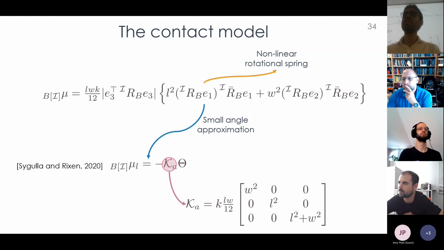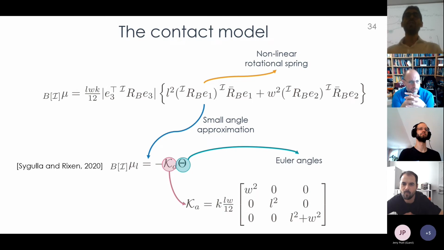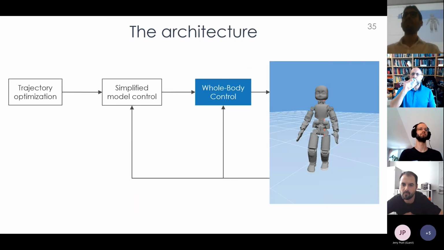Thanks to this, we were able to give a physical meaning to the rotational spring. Here, theta is the Euler angle of the approximation. So we can conclude that our model is a generalization of the linear model, since for small angle approximation, the results are the same.